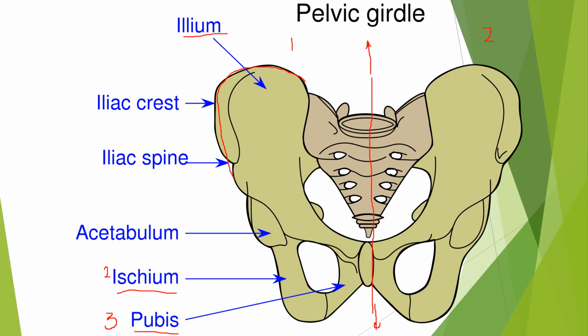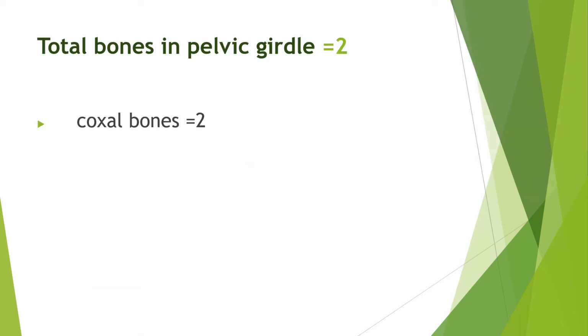So the pelvic girdle totally consists of only two bones that are collectively called coxal bones, and the coxal bone further consists of three bones that are ilium, ischium, and pubis. So the count of the pelvic girdle bones is simply 2.